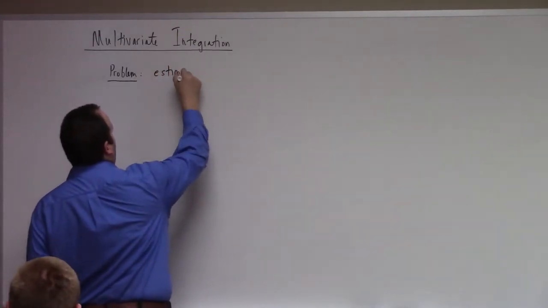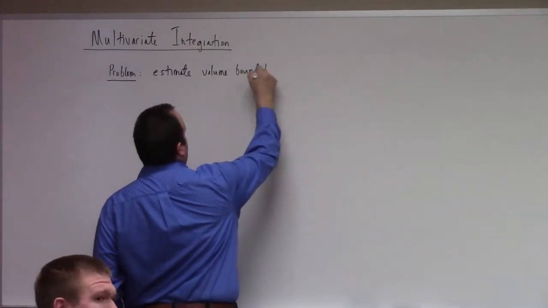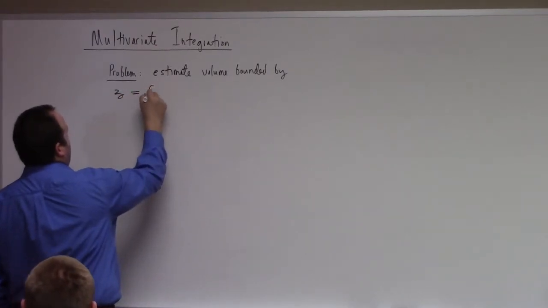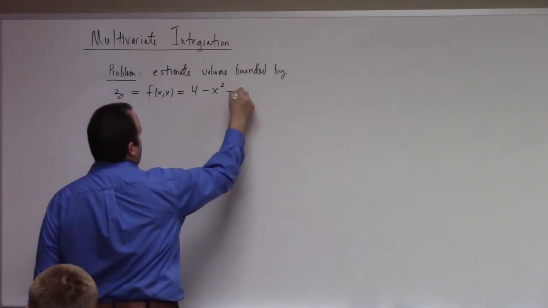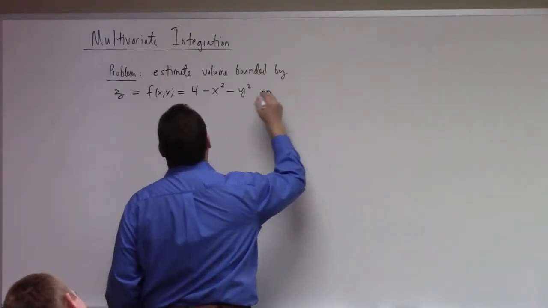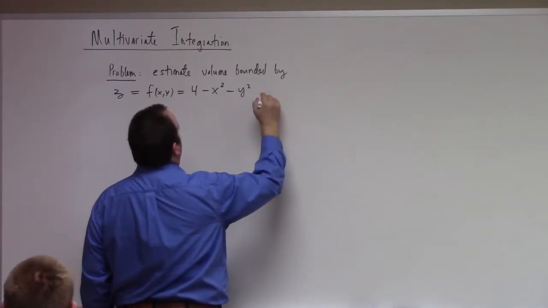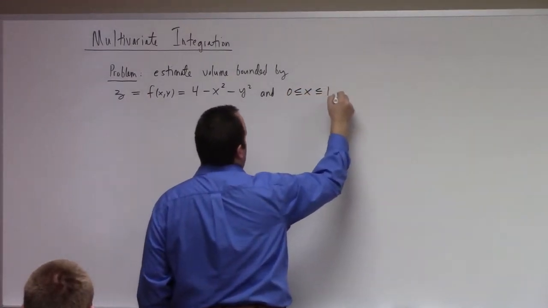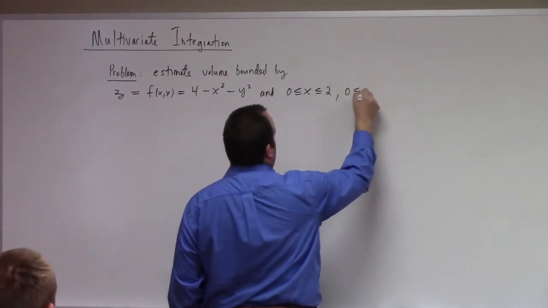Estimate the volume bounded by z equals f of x, y, and let's let f of x, y equal 4 minus x squared minus y squared, over, and let's say 0 less than or equal to x less than or equal to 2, and 0 less than or equal to y less than or equal to 2.